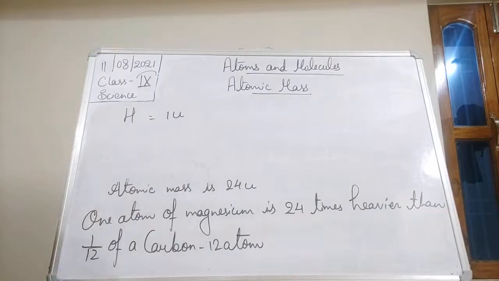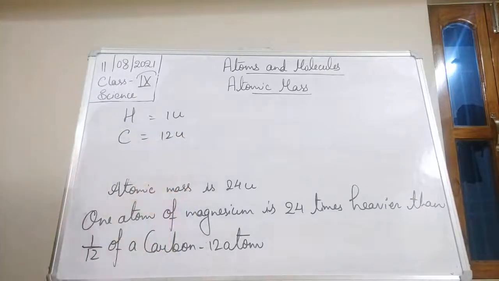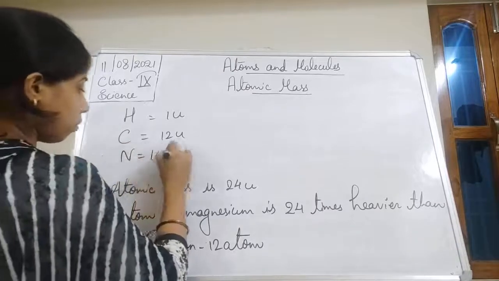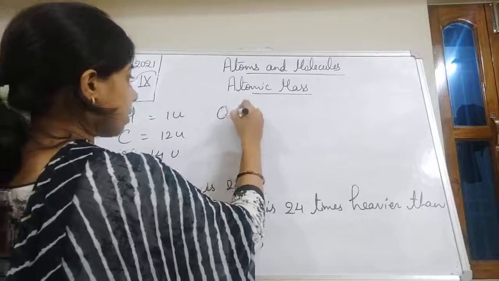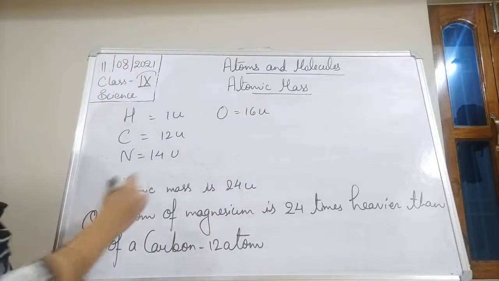Then carbon is 12 u. Then nitrogen is 14 u. Oxygen is there, which is 16 u.